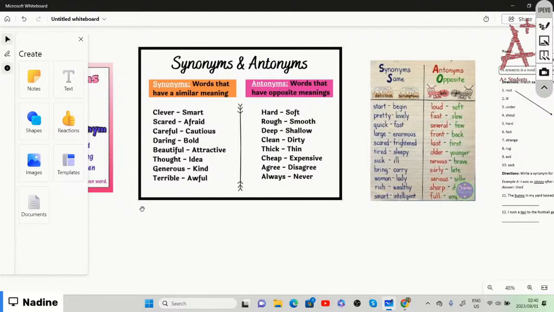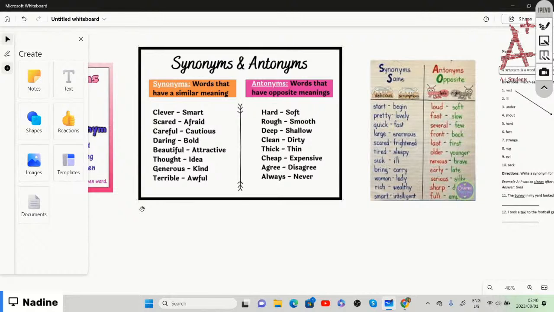Then we have an antonym. Once again, an antonym is the opposite, right? The opposite of loud, which is soft. Fast is slow. Several, few. Front, back. Last, first.